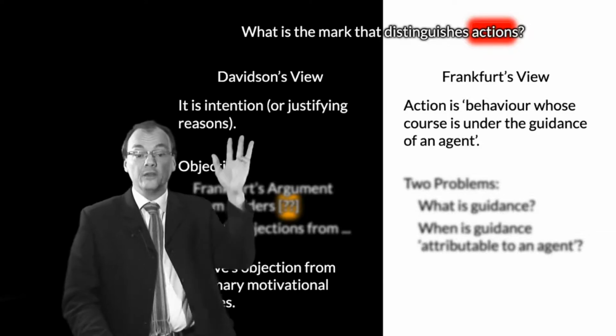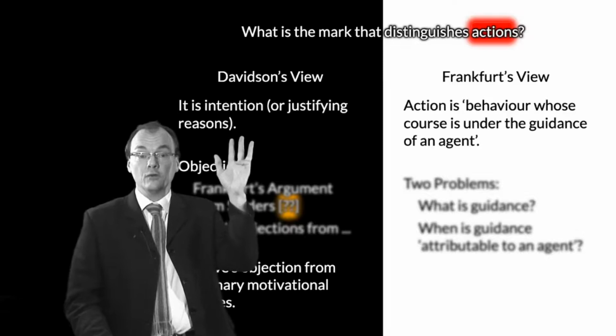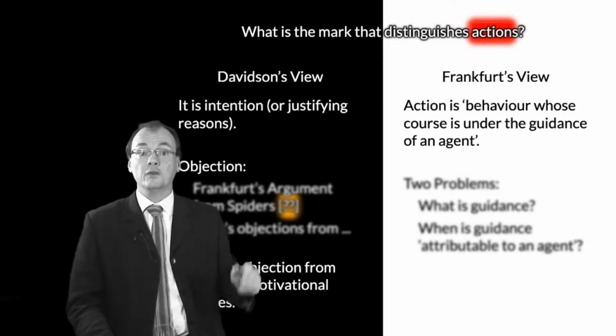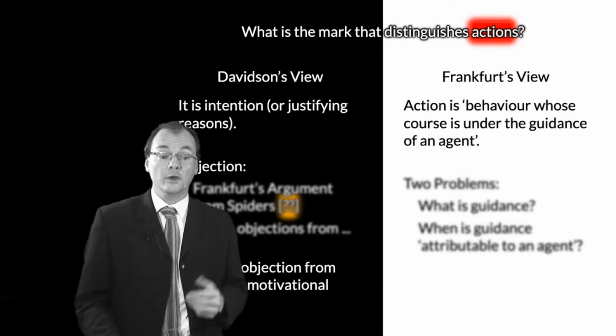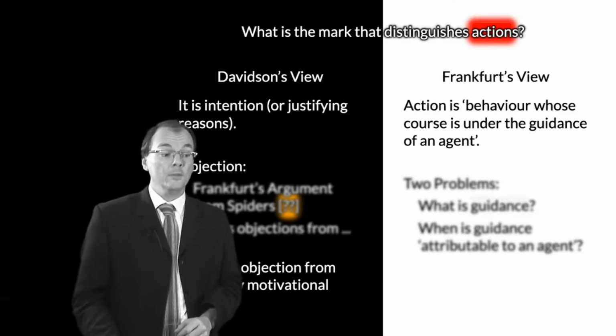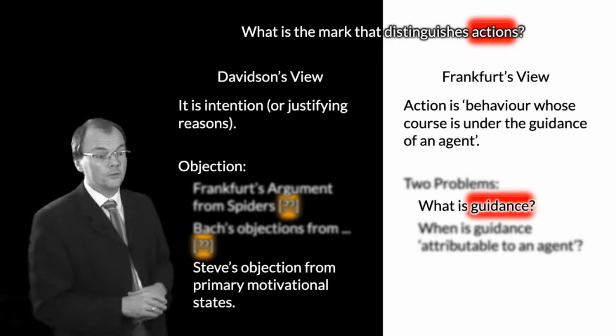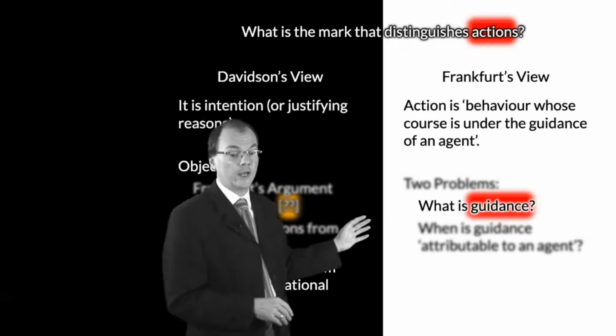So it's not exactly that we would say Davidson's view is wrong. We would say that Davidson's view is limited to one kind of action, doesn't work for another. What about Frankfurt on guidance? Well, here I think matters are pretty complicated.